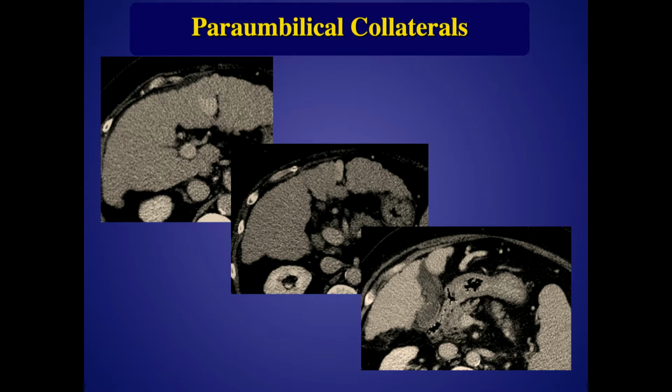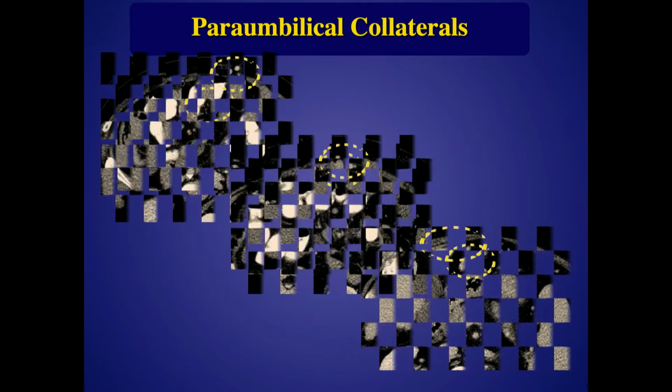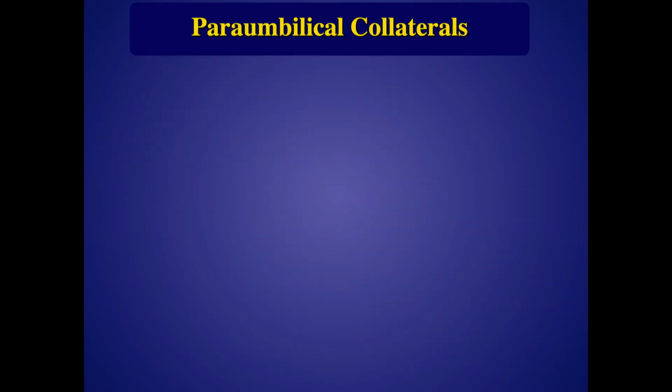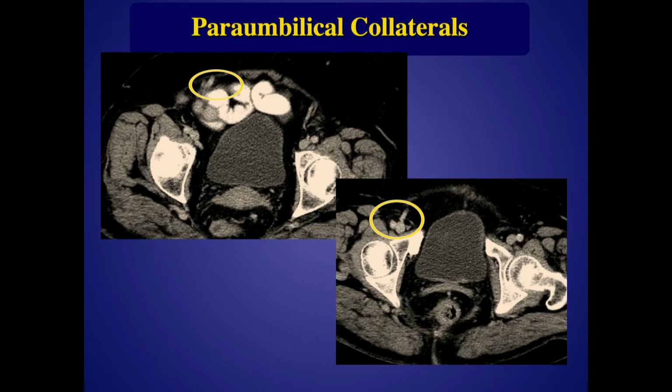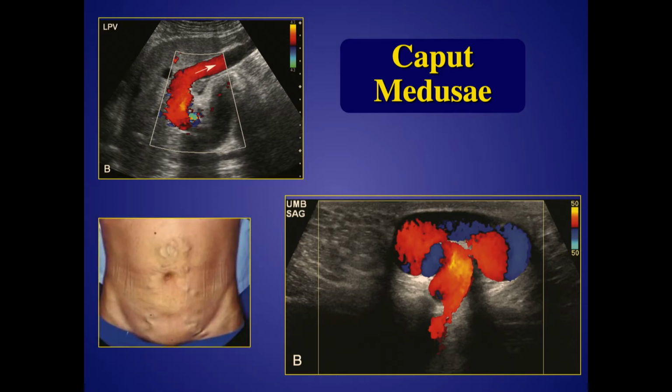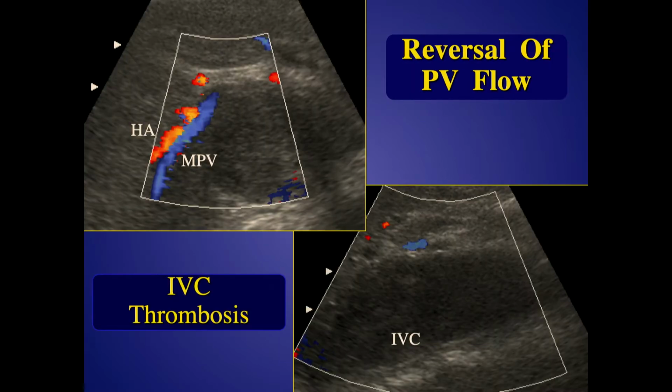Here's the CT following the paraumbilical vein down the anterior abdominal wall, and you can see how those branches come out into the soft tissues of the lower abdomen. And there's the communication with the external iliac vein. And here we appreciate them as they course to the soft tissues of the skin surface. And again, you can see them on physical exam and also on the Doppler exam.